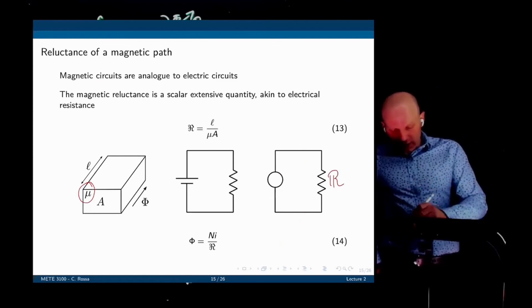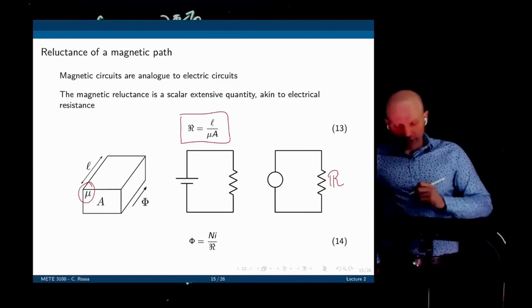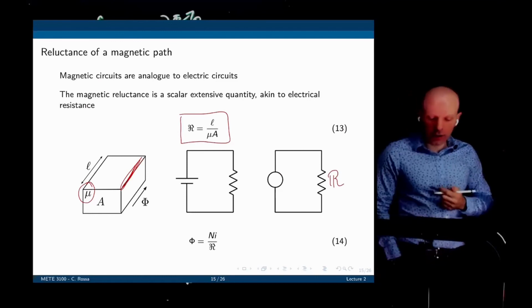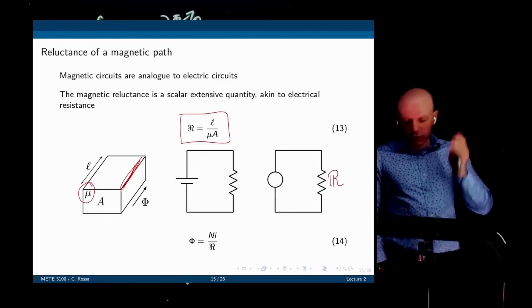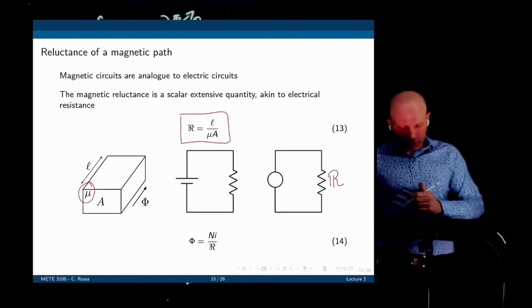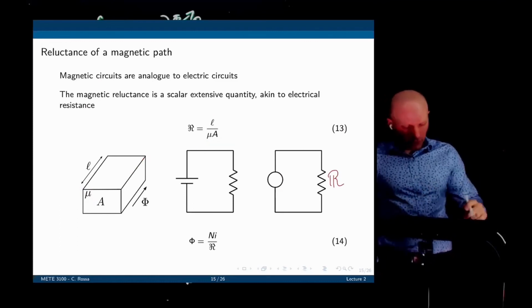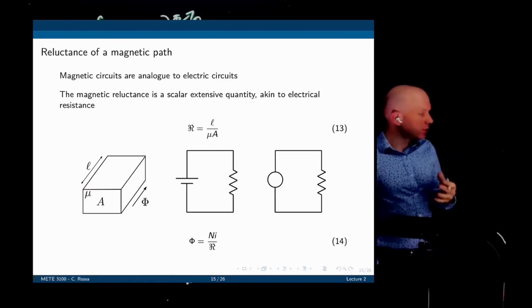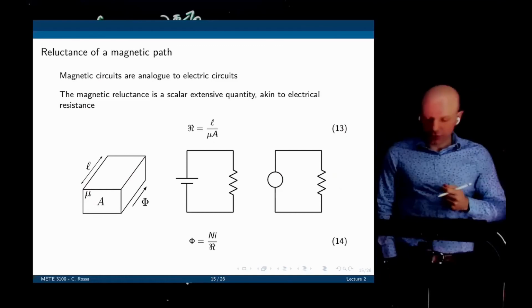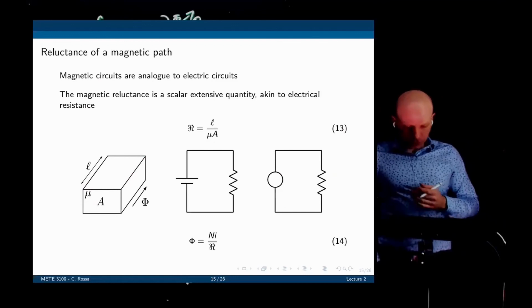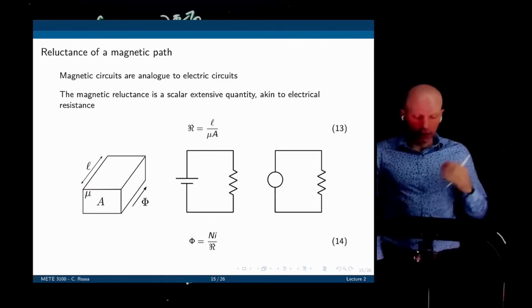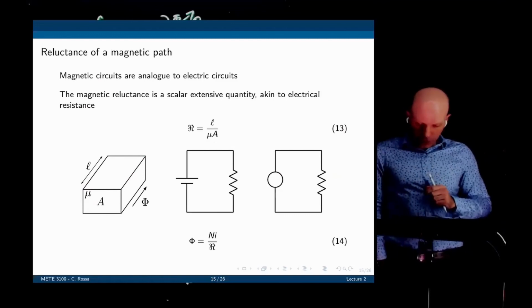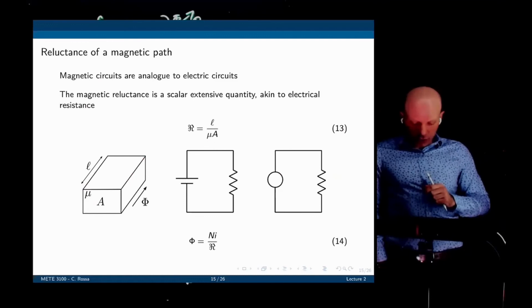L is the length traveled by the magnetic flux, mu is the property of the material, and A is the cross-sectional area through which it passes. Okay, any questions? Now, I think this analogy is relatively easy to understand. The same way you calculate things in an electrical circuit, but here we have different variables and different properties. So if there are no other questions, we'll move on.